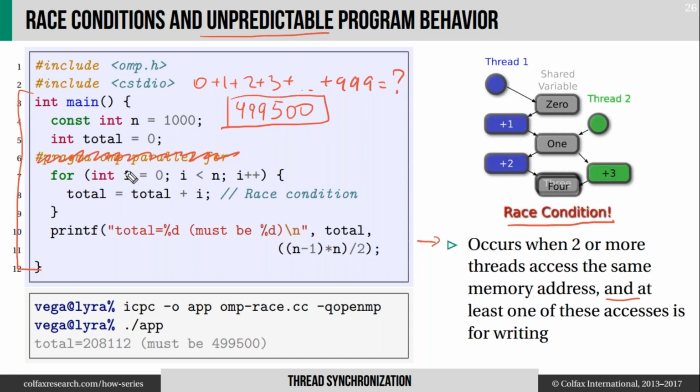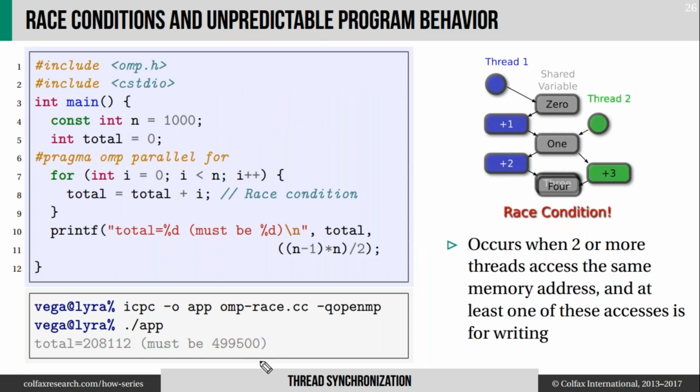Suppose that we wanted to do this calculation in parallel. I'm just going to go and insert pragma omp parallel for. This will create threads, distribute different values of i across different threads, and then different values of i will be incrementing the value of total.